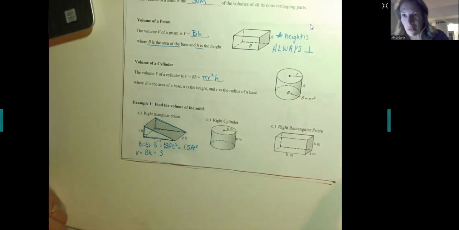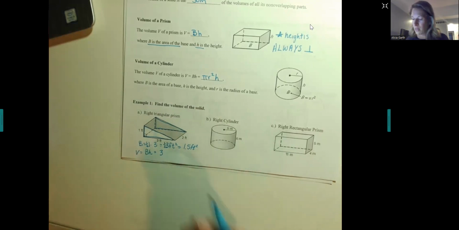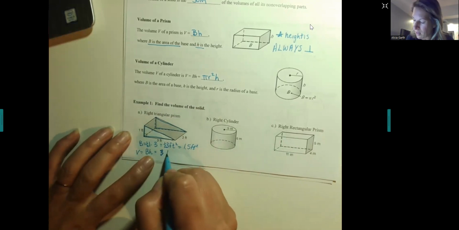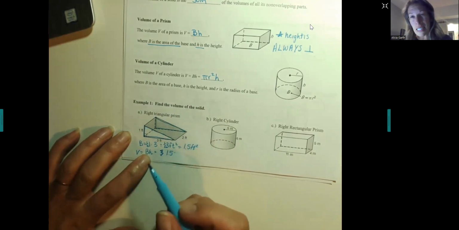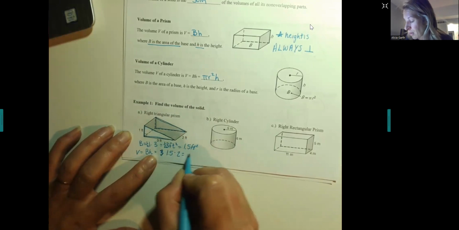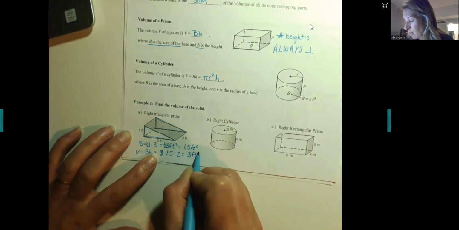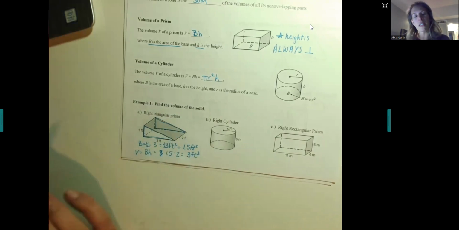I'm positive all of you figured that out before I did. So the area of that base is 1.5 times the height. The height is the distance between those two bases, 2 feet. So my volume of this right triangular prism is 3 feet cubed.